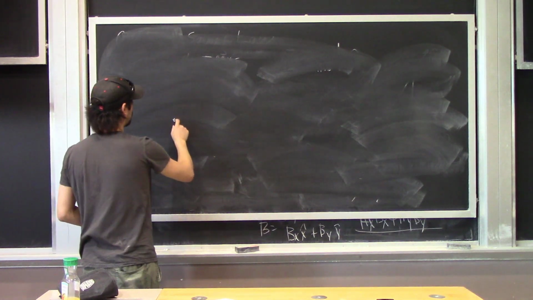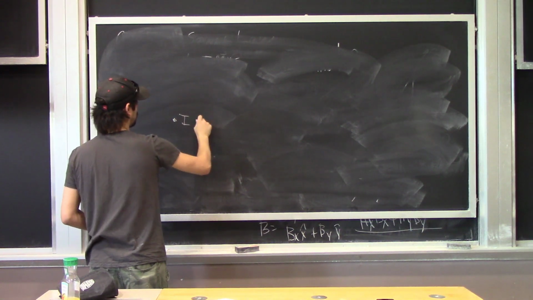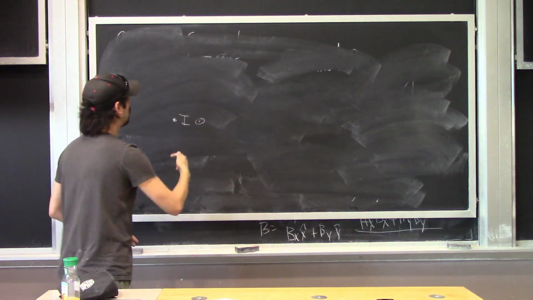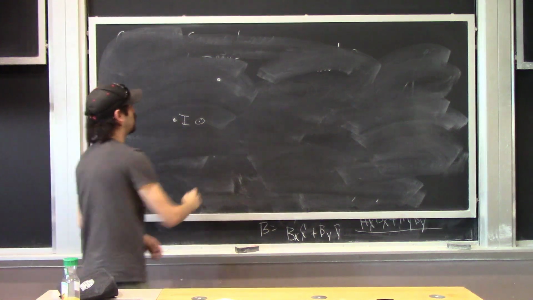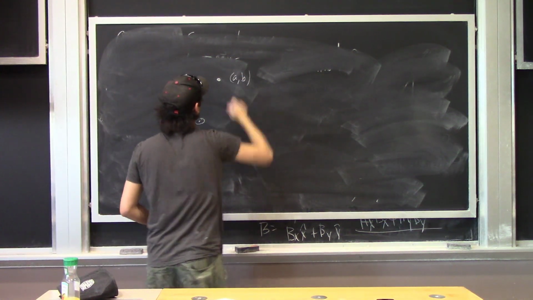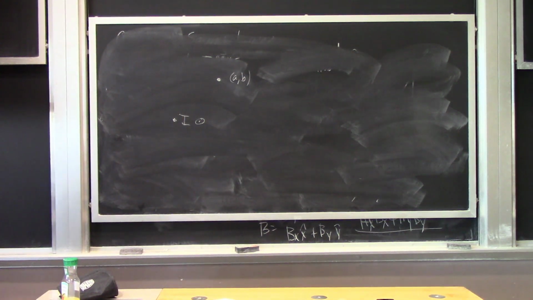We have some wire that has some current that points out here. So this current points out, and we want to find what the magnetic field vector is at a point (a, b). So what's the magnetic field at this point?